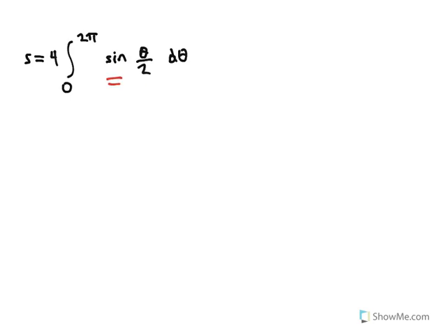How do you find an antiderivative of sine of theta over 2? An antiderivative of sine would be negative cosine. The derivative of cosine is negative sine, so the antiderivative of sine is negative cosine. But you do have to be careful when you write negative cosine of theta over 2 and then take the derivative of this.